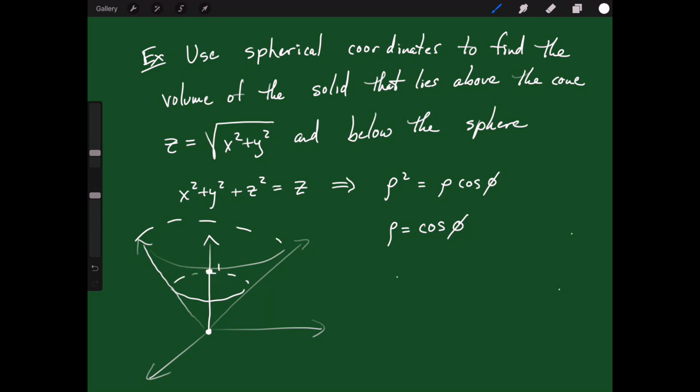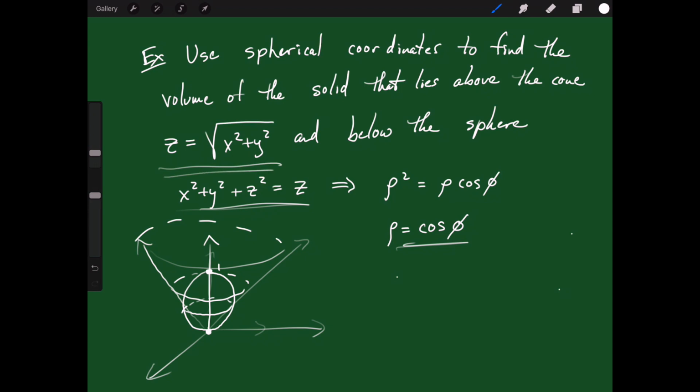So this thing goes from 1 to 0 as we make an arc from phi equals 0 to phi equals pi over 2. It does that in all directions.